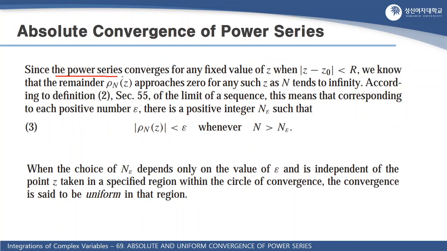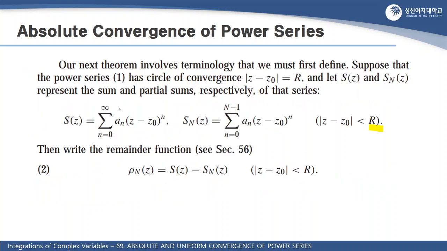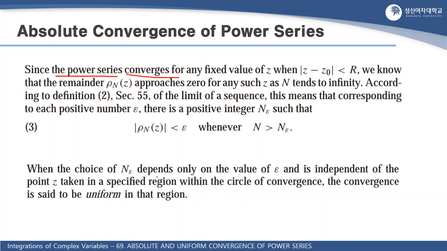Power series converges means that this term converges to something. Then the difference between these two terms, S(z) and S sub N(z), which is R sub N(z), approaches 0 for any such z as N goes to infinity.